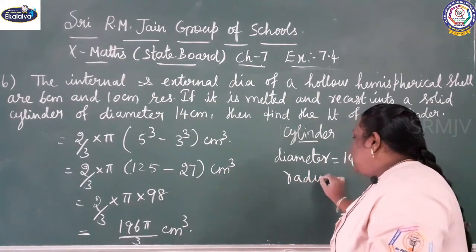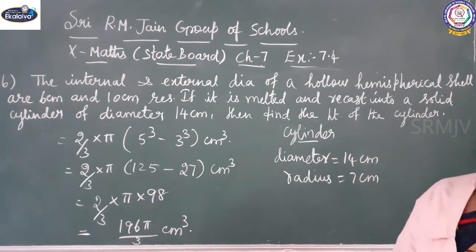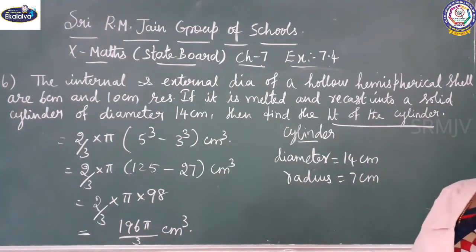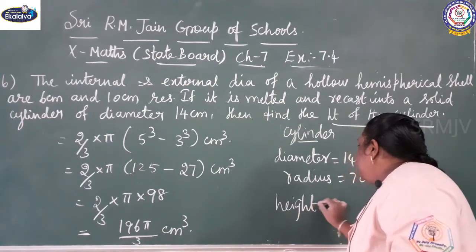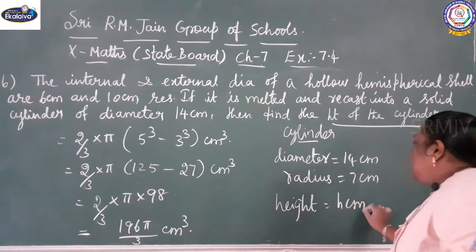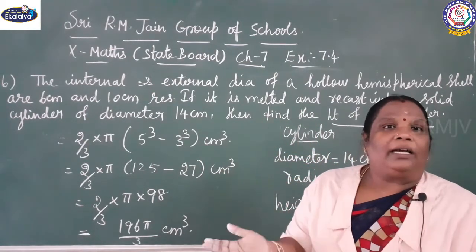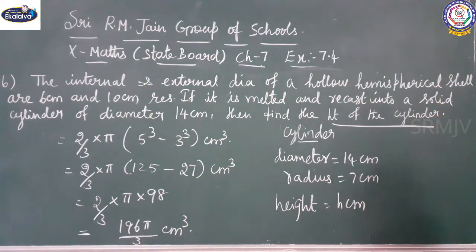Radius equal to 7 centimeter, and you should find out the height of the cylinder. Height equal to h centimeter. That hollow hemisphere is melted into a cylinder. Then you have to find out the height of the cylinder.